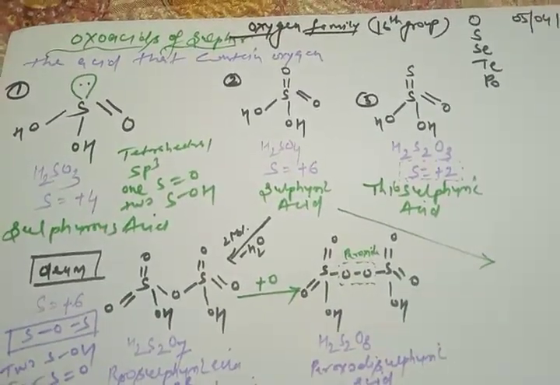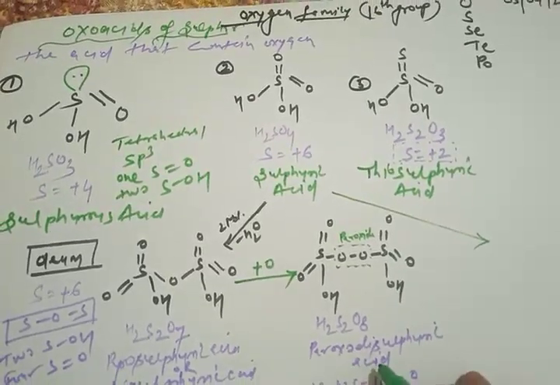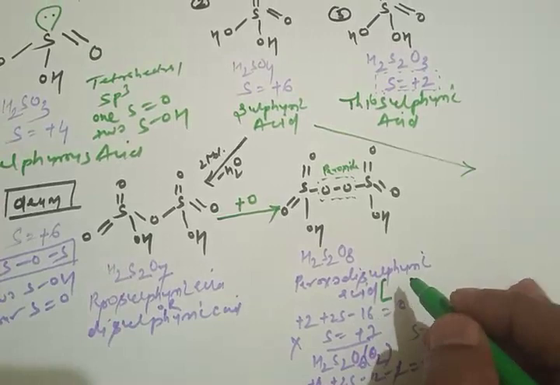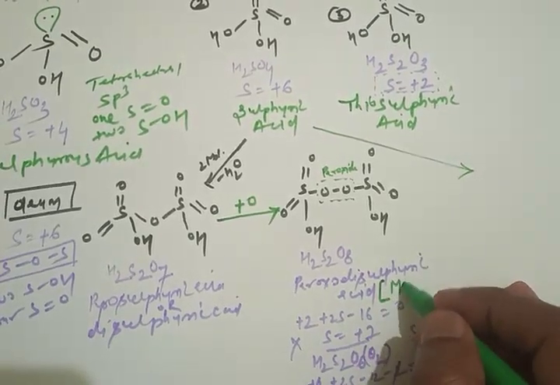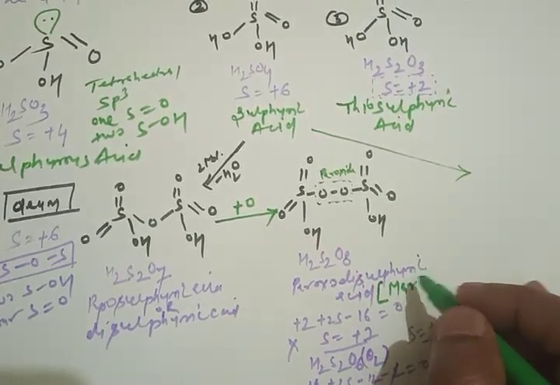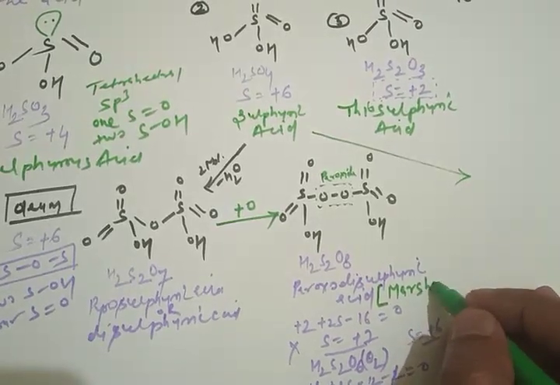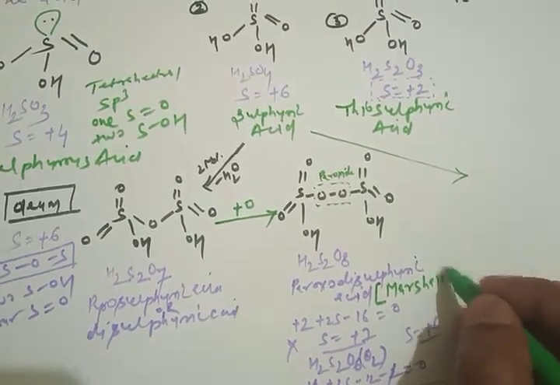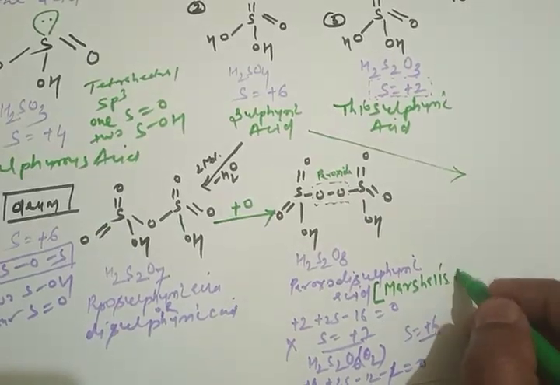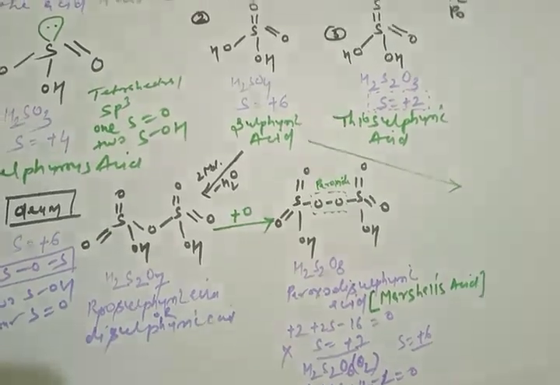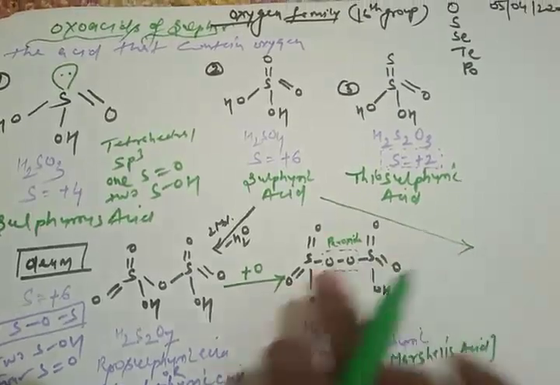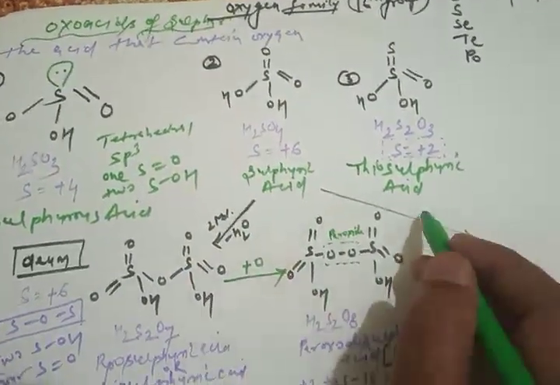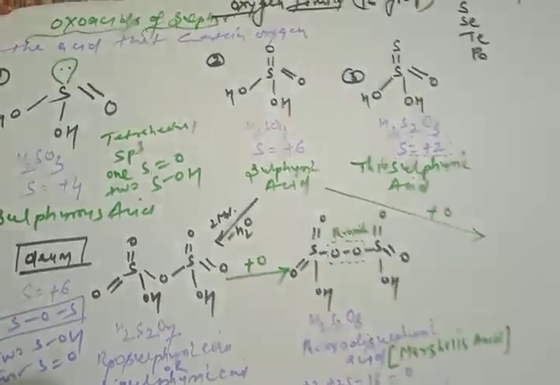And one important thing you should remember is that another name of peroxodisulfuric acid is Marshall acid. Sometimes the question asks directly with the name: write the structure of Marshall acid. So Marshall acid is peroxodisulfuric acid.